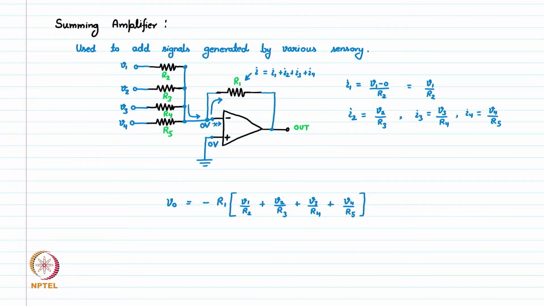So we have simply written voltage as resistance multiplied by the current, which is the sum of these individual currents.